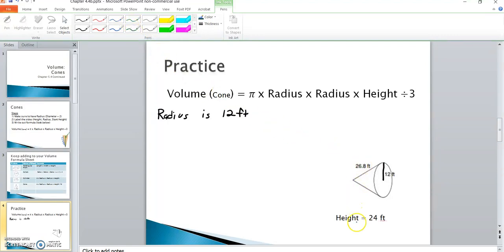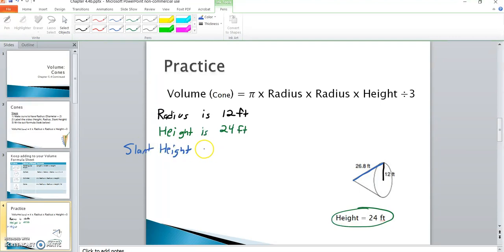And our height is right here. And if you'd like to list the slant height, you may do that as well. But be very careful not to get the two confused.